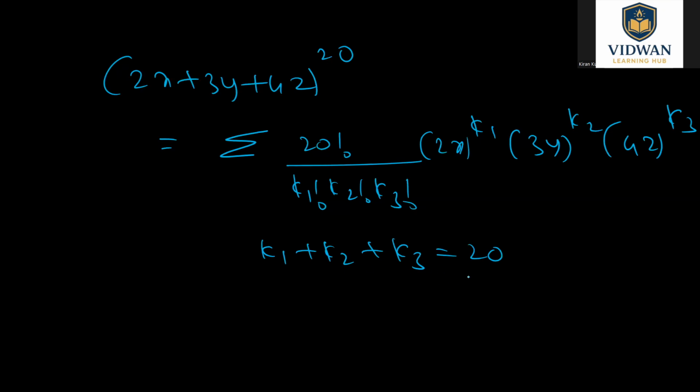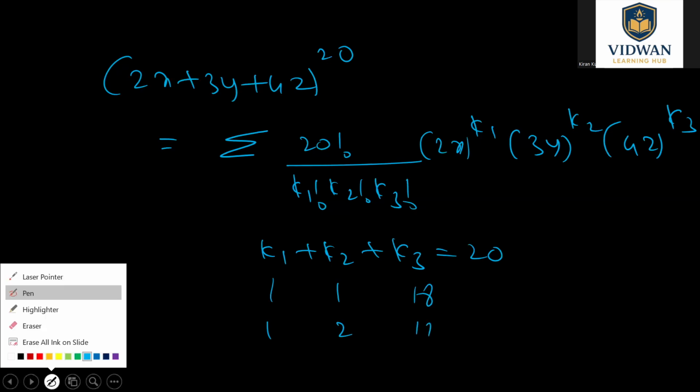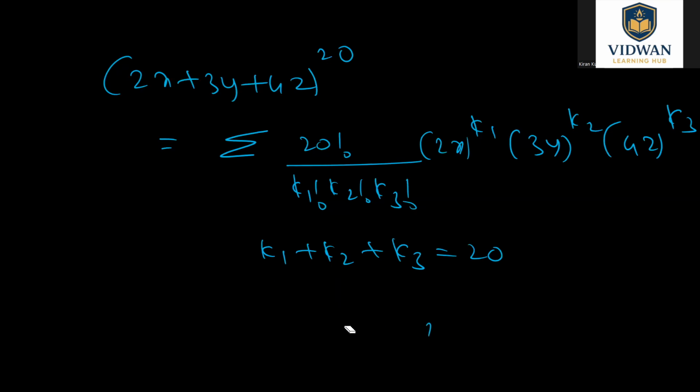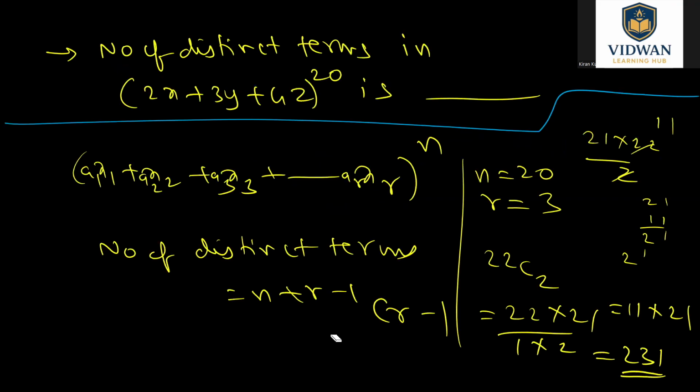Whatever triplet satisfies, for example, if I write 1, 1, 18, that is one triplet. Or I can write 1, 2, 17, that is another triplet. Like that, you'll have many triplets. So for that, we have written a generalized formula. How many such triplets are there, we could have found using this formula by putting r as 3.